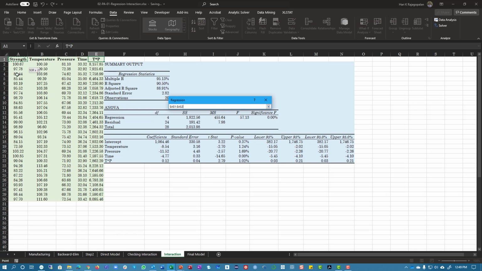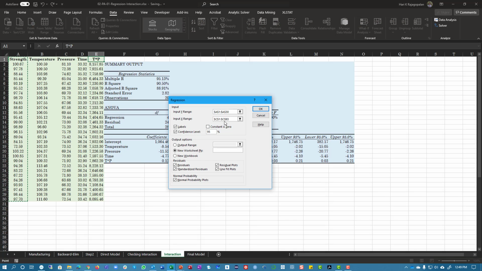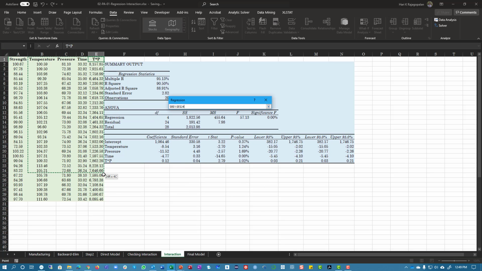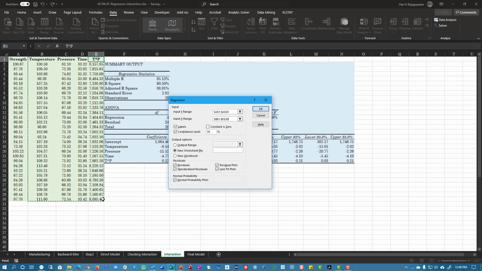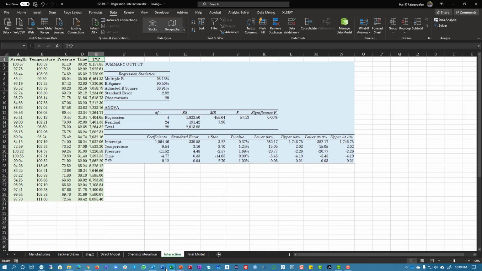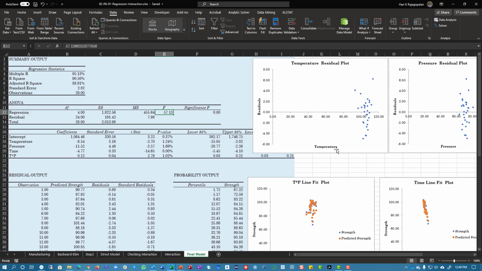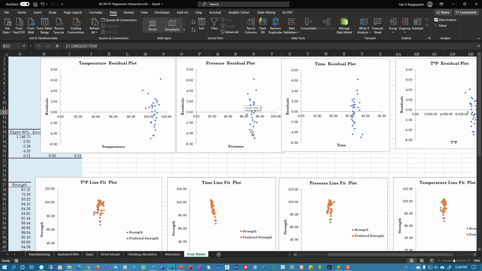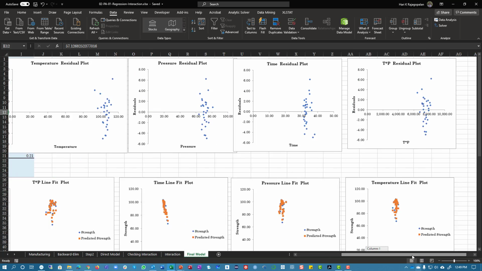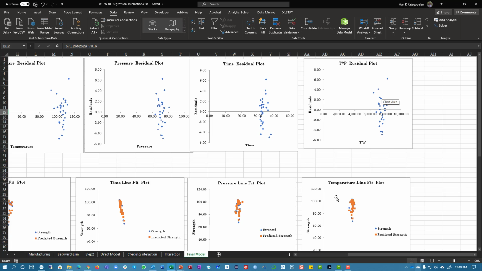Your Y range is this, your X range is essentially all of these variables, and you run the whole thing, which gives you your final model. As you can see here, the residual plots for temperature are on both sides. Residual plots for pressure, time, they are on both sides.